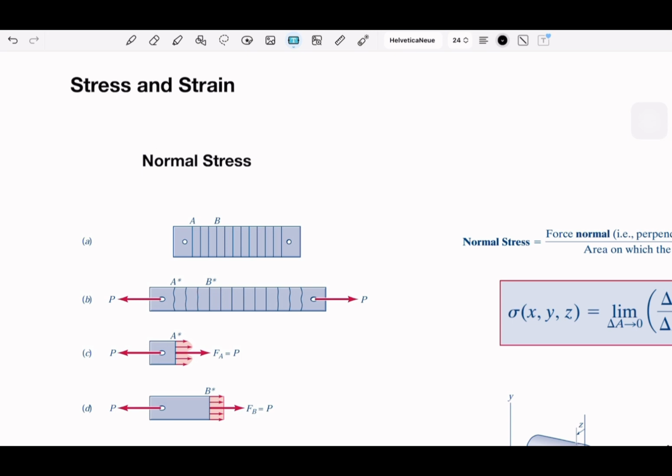Stress and strain are basically the fundamental components in mechanics of materials.